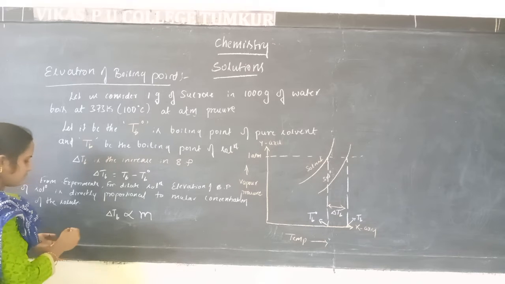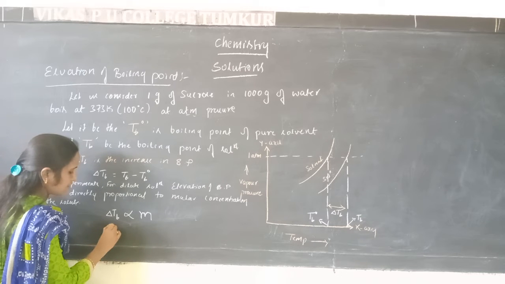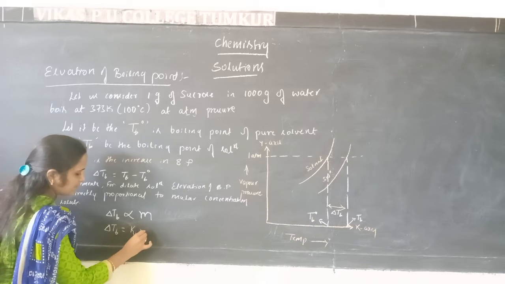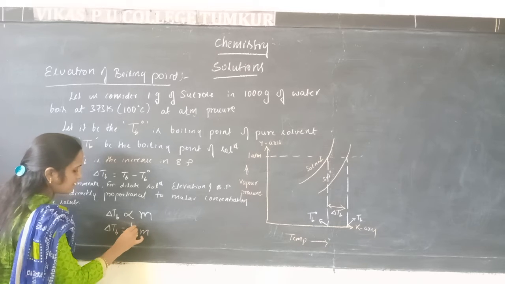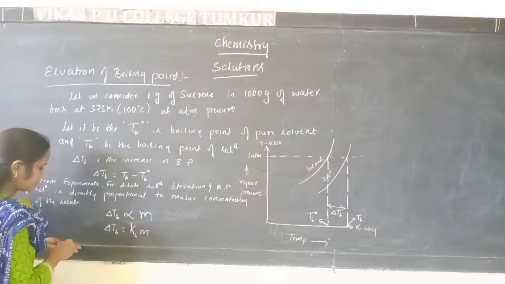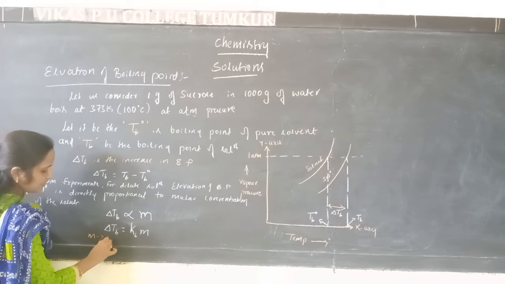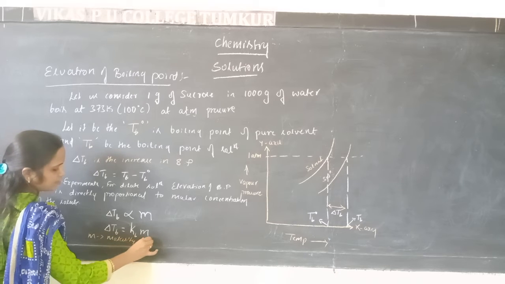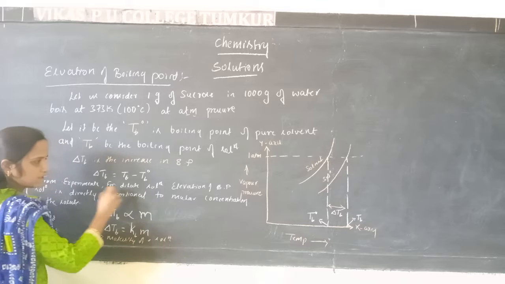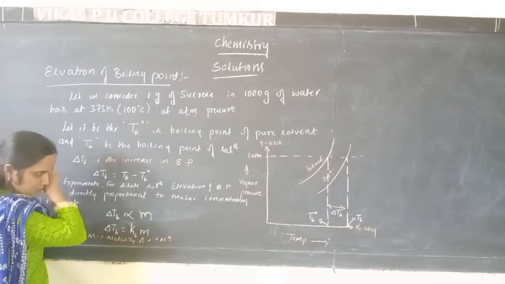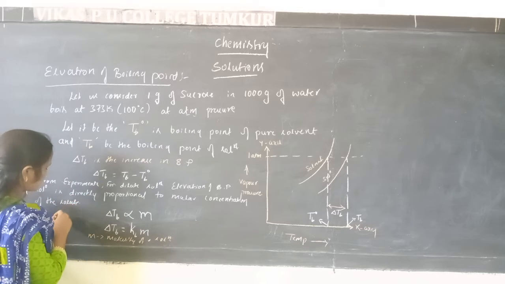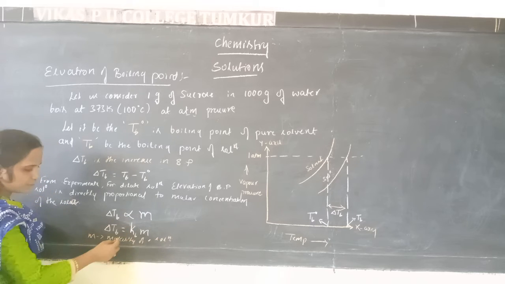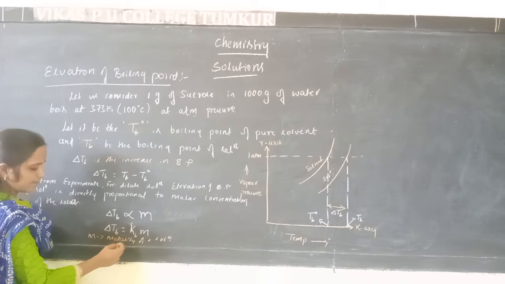Therefore delta TB is equal to Kb m, where m is the molality of the solution.